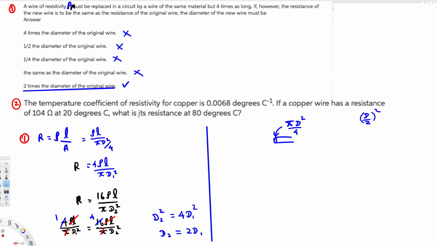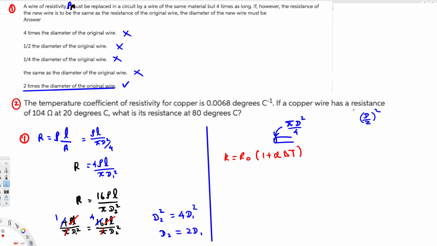First of all, with this temperature difference and this coefficient, we can use one equation: R is equal to R naught times 1 plus alpha delta T. Here we are trying to find R.